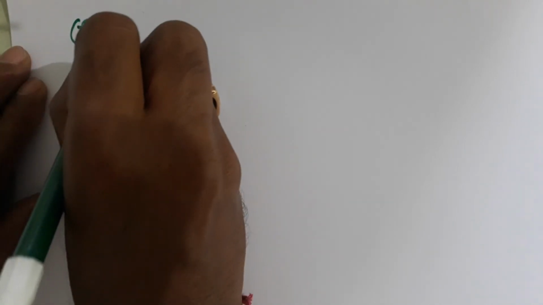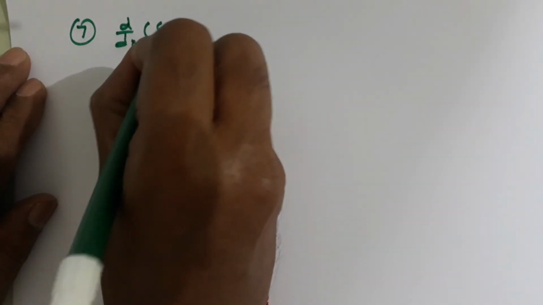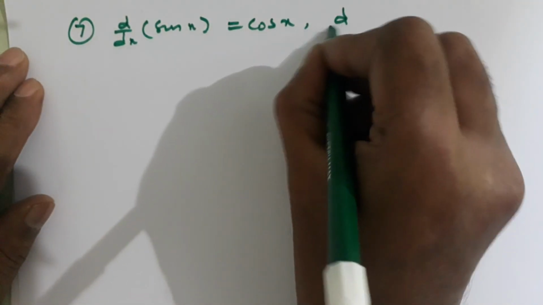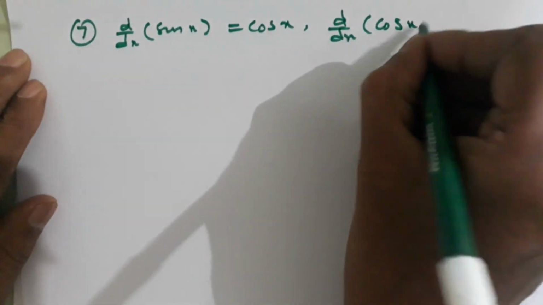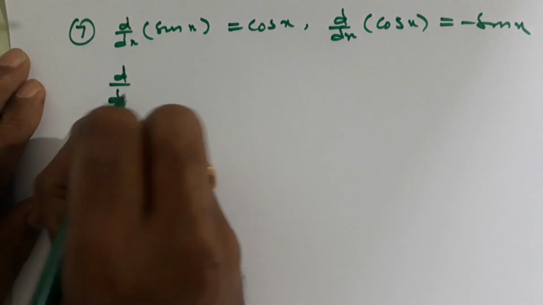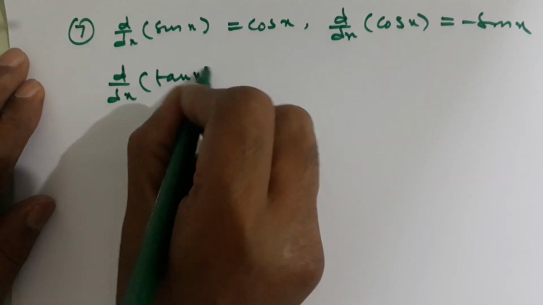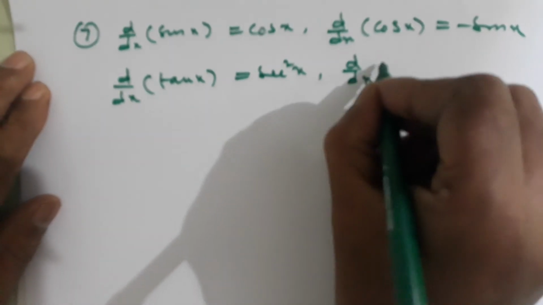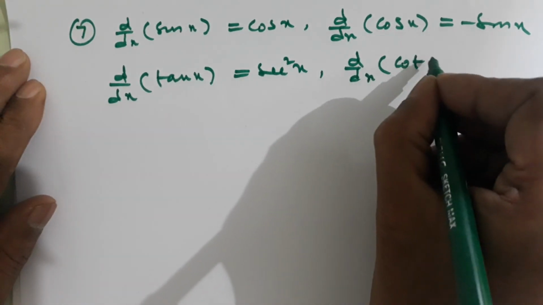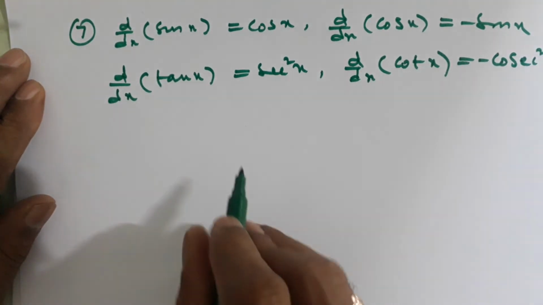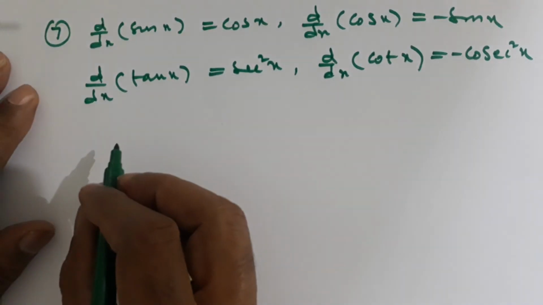Next, seventh one. D by dx of trigonometric functions: sin x is equal to cos x. D by dx of cos x is equal to minus sin x. D by dx of tan x is equal to secant square x, d by dx of cot x is equal to minus cosecant square x.